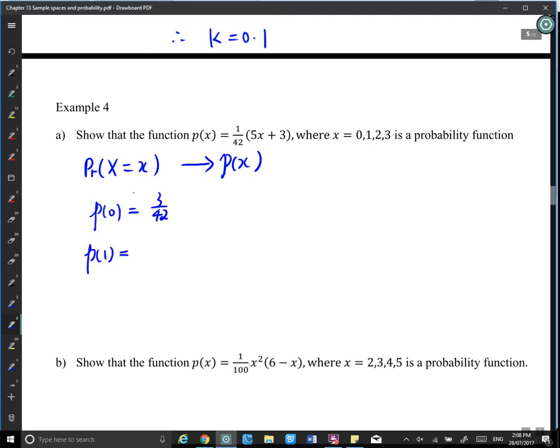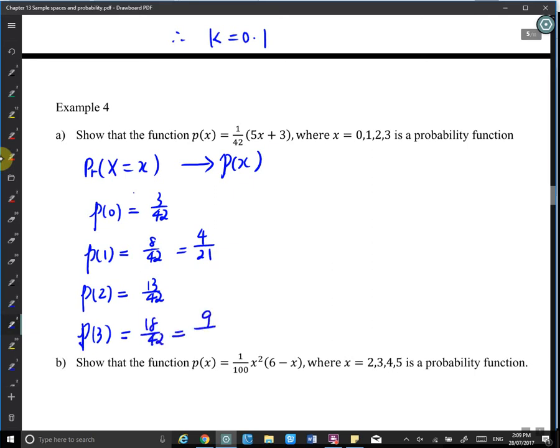P1 equals 8 on 42, and that is divided by 2, 4 on 21. P2 equals 13 on 42. Not P4, P3 equals 18 on 42.